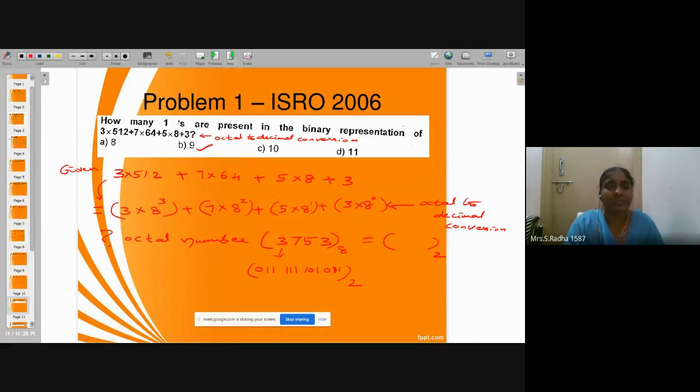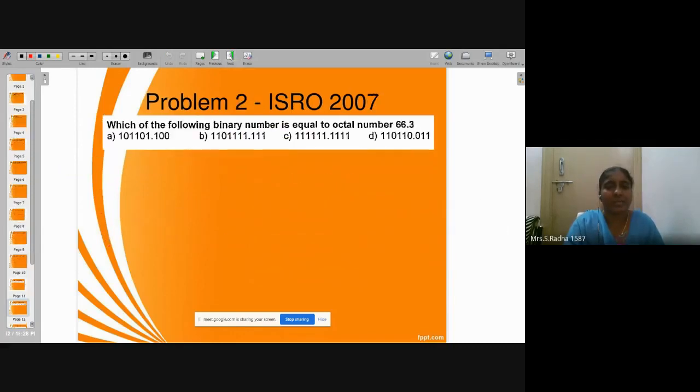Now coming to the next problem. Which of the following binary numbers is equal to octal number 66.33? This was given in the ISRO exam 2007. What is the binary equivalent?